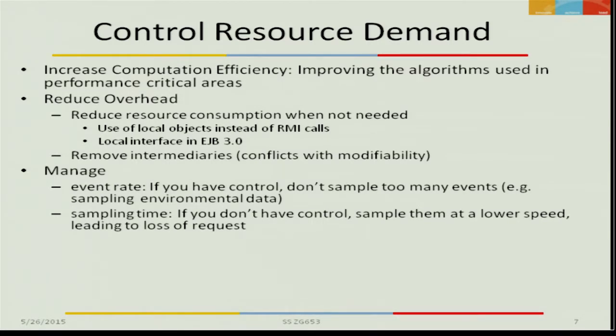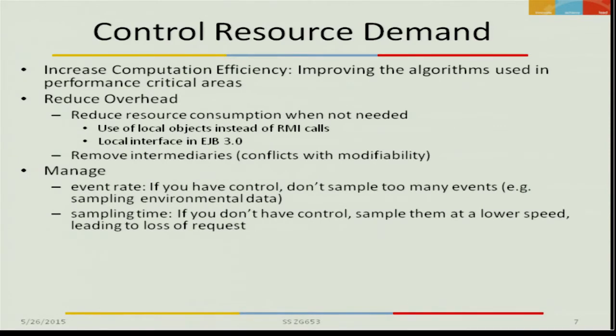What that means is that suppose you don't have any control in terms of sampling the data, that it just keeps coming to you. You have no control. You can't somehow reduce the source. In that case, what you can do from inside is not even register those events.